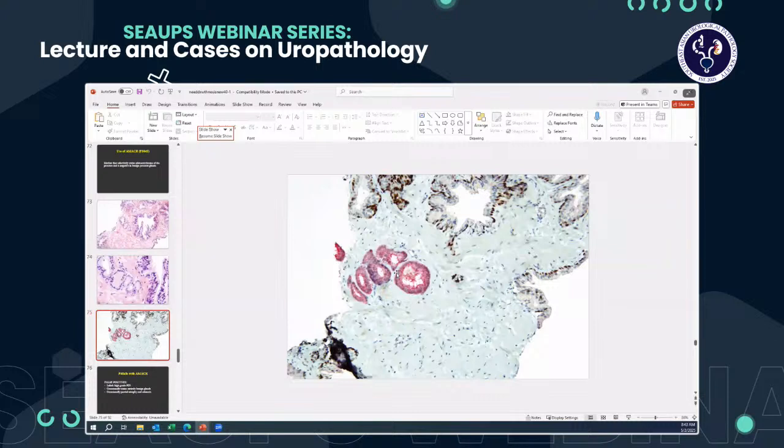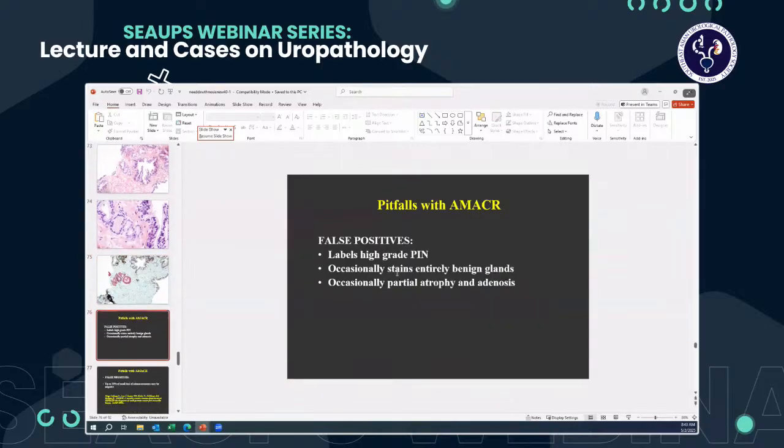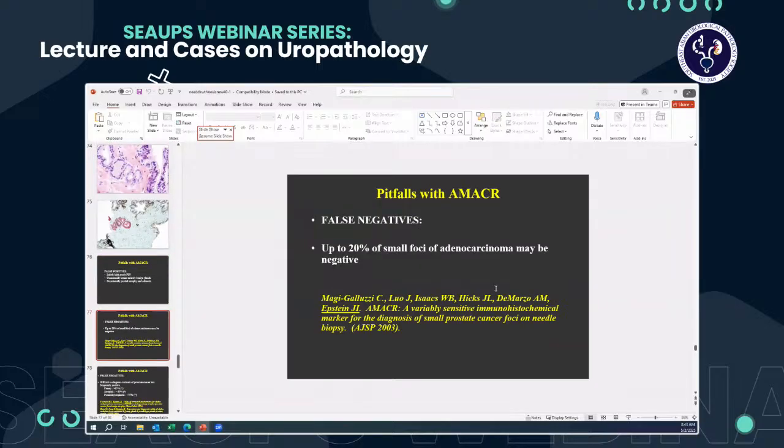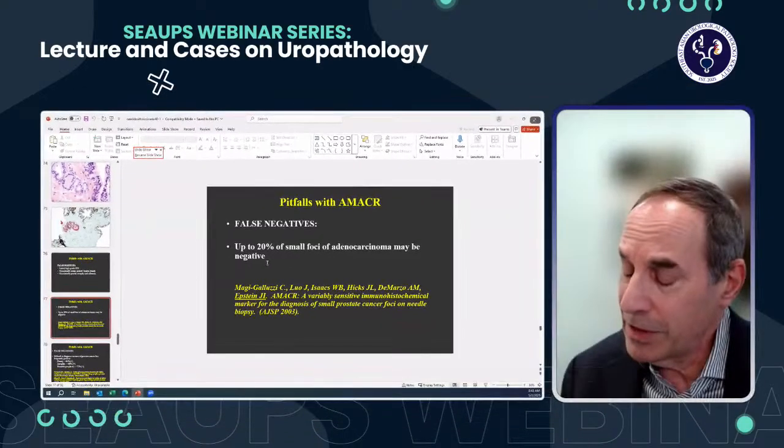which you might otherwise not feel entirely comfortable doing. Now, there are pitfalls with racemase. It stains high-grade PIN. Sometimes even benign glands will stain with racemase. And then the two mimickers that I talked about, partial atrophy and adenosis, can also stain with racemase. So again, you have to be careful in those settings. Also, you do have some false negatives. Up to 20% of small foci of cancer may be negative for racemase.